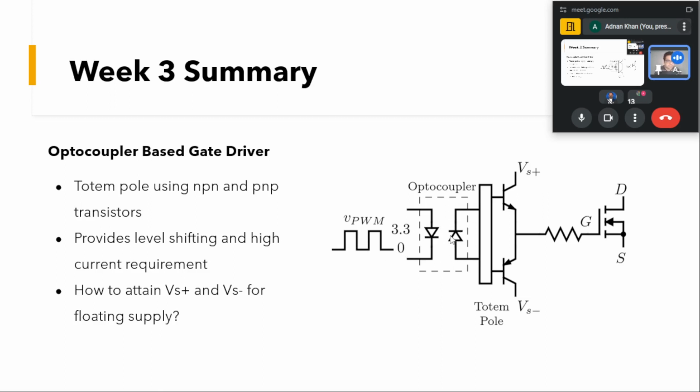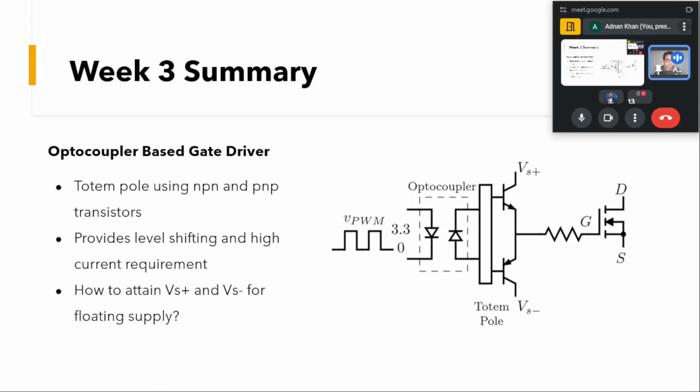What happens is as soon as this is turned on, it will drive the NPN transistor at that moment whenever the secondary side is turned on, and this PNP will be in the cutoff mode.